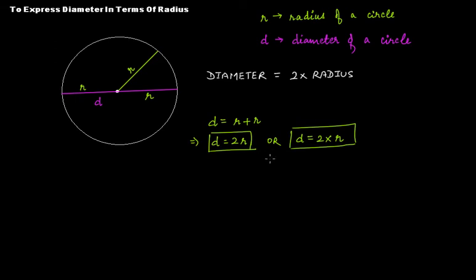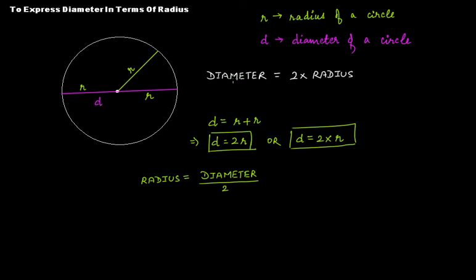What would be the way to express radius in terms of diameter? If diameter is equal to twice the radius, then of course radius will be half of diameter, that is diameter divided by 2.